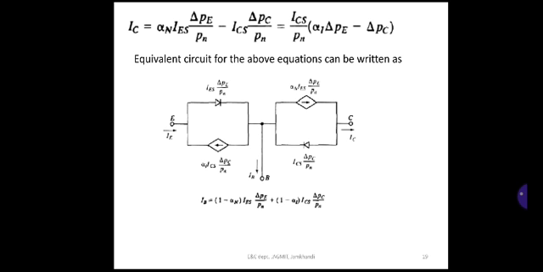So this is a coupled diode model, and the various currents, that is IE and IC, the directions of the currents are shown. Also the current sources are shown here. So here IB is equal to 1 minus alpha n IES into delta PE by PN plus 1 minus alpha I into ICS delta PC by PN.